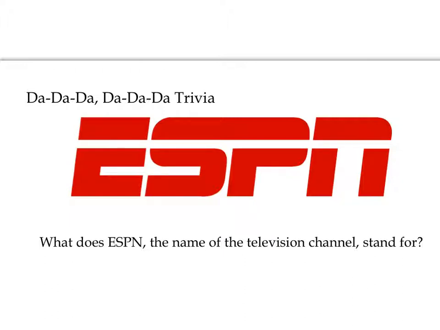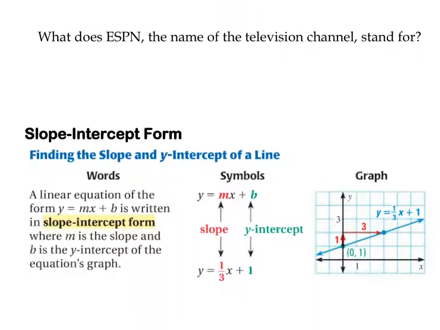So it was ESPN for the Entertainment and Sports Programming Network, so that they could put things on that weren't sports related, because they really didn't think they could fill a full 24 hours with sports. Little did they know how that would blow up, and now we've got so many sports channels, and one's for each specific sport themselves. So it's really blossomed from there. But back in 1979, putting on a channel that was 24 hours of sports was unheard of. All right, so Entertainment and Sports Programming Network.